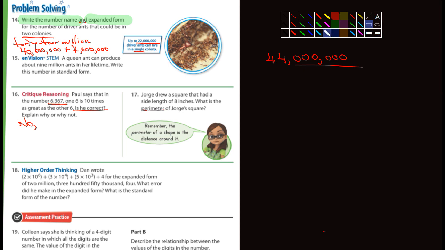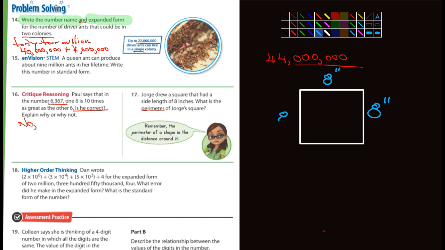So there's a square, because in a square, all sides are equal lengths. That's pretty close. All right, it's good enough for government work. So if this is 8 inches, that means all these are 8 inches. And when we're talking about perimeter, we're talking about what goes around. Okay, we're talking about walking around something.